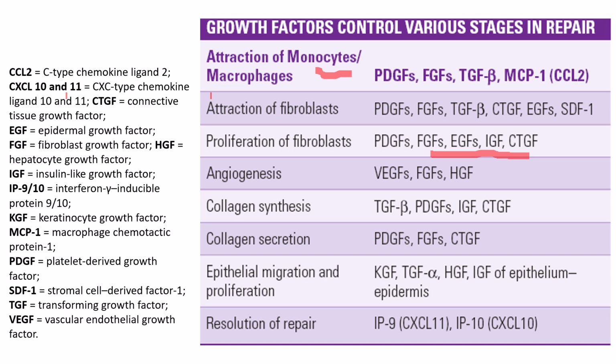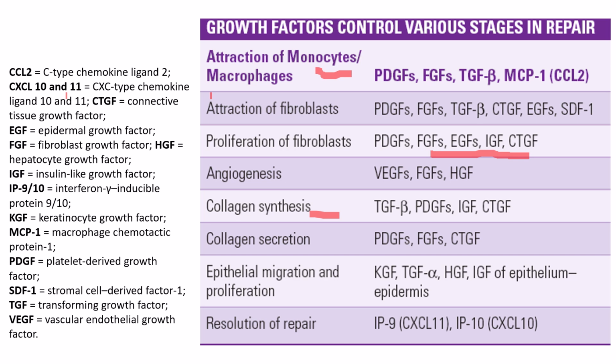For angiogenesis, VEGF, FGF, and hepatocyte growth factor are responsible. For the collagen synthesis, transforming growth factor beta, PDGF, insulin-like growth factor, and connective tissue growth factor are responsible. After the collagen secretion, the epithelial migration and proliferation is done by keratinocyte growth factor, transforming growth factor, hepatocyte growth factor, insulin-like growth factor of the epithelium and epidermis.